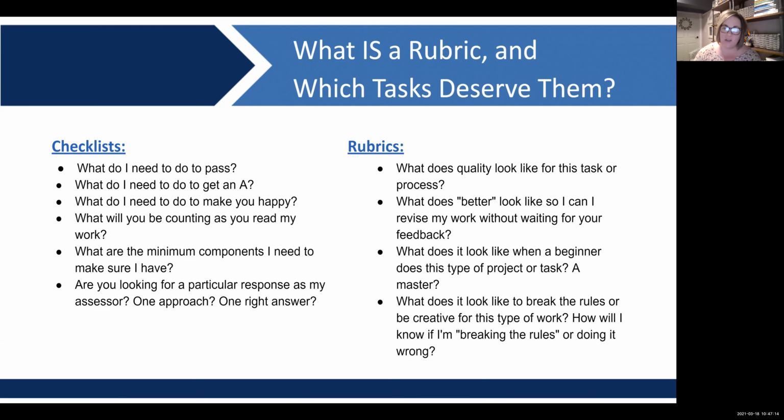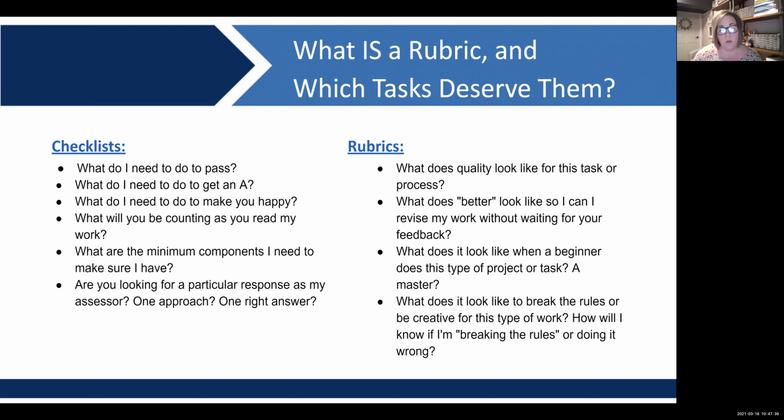If you have expectations of learners that are different from what they might be asked to do in the profession or in the field or in other classes, if there are very specific things that might make you happy, for instance, you need them to put a certain title or heading on their paper, or you need them to frame a response in a very specific way, a checklist is okay for that.